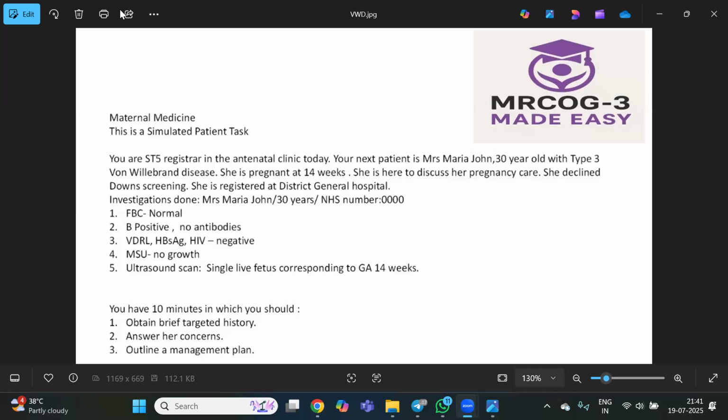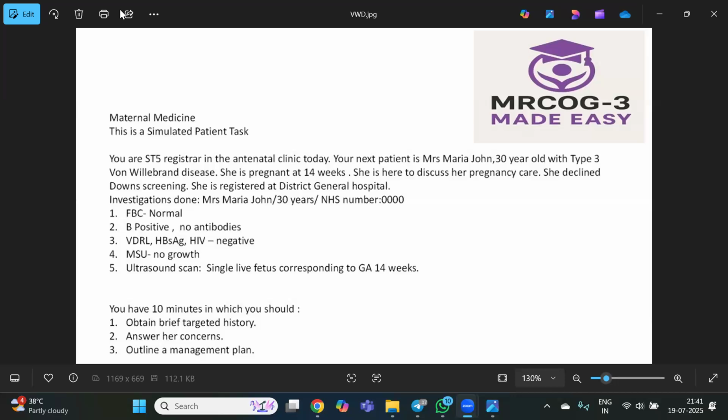Then, can you tell me, are you facing any other problem because of this condition, like nosebleeds? Anytime did you have nosebleeds, bleeding from the gums, or bleeding from any cut? Do you bleed easily if there is any injury? Anytime have you noticed any bleeding in the urine or in the stool?